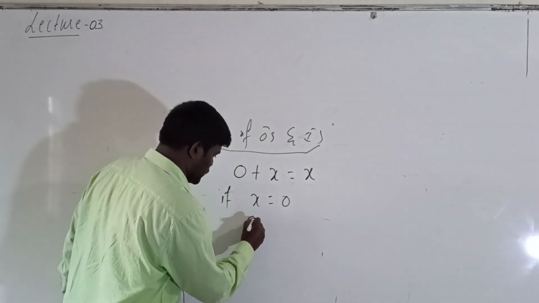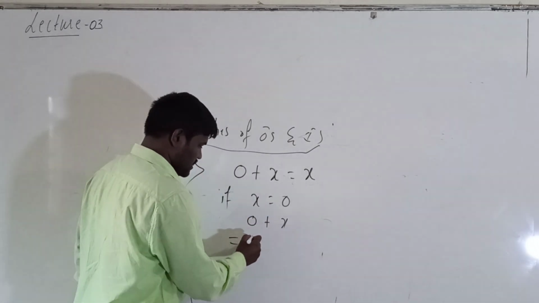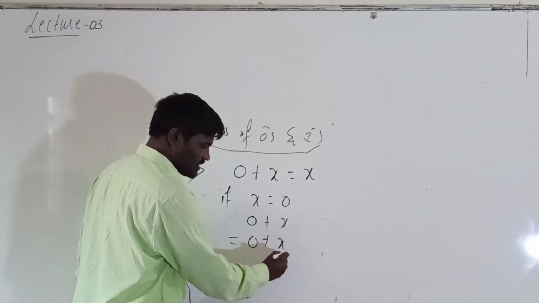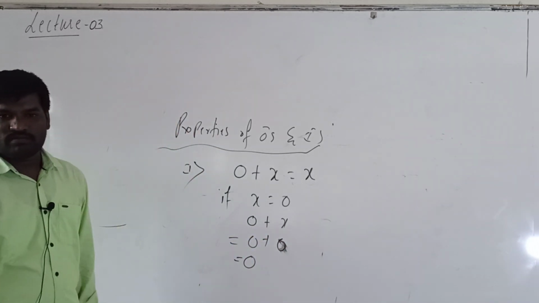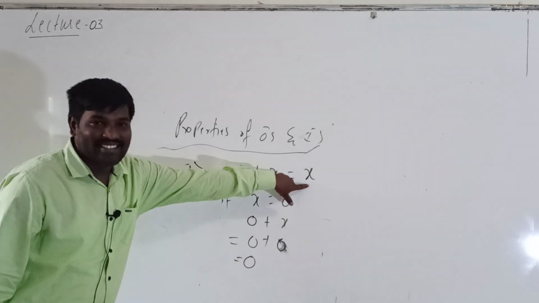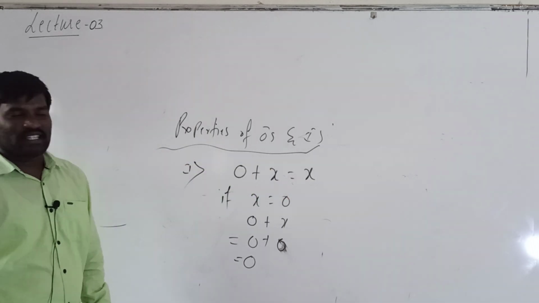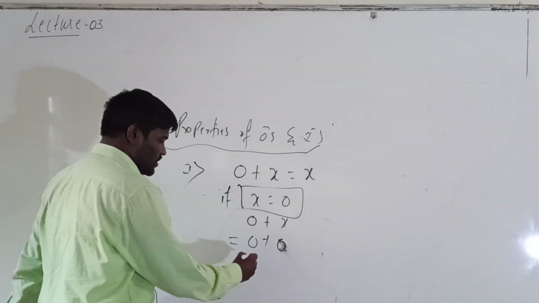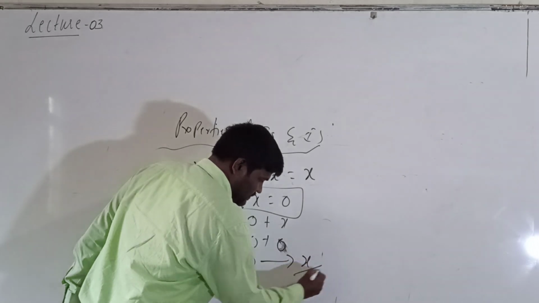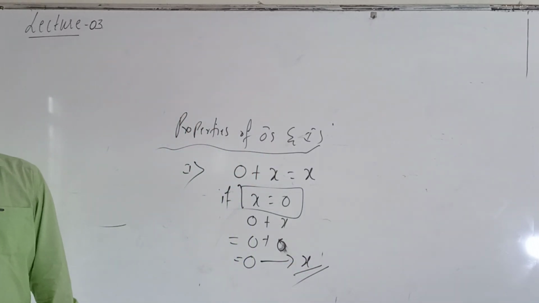Next, I substitute here 0 plus x: x indicates 0. Finally, it becomes 0. But on the right hand side, x will be there. See here, if x is 0, instead of writing 0, I have to write x. Hence the result is proved. Simple logic.